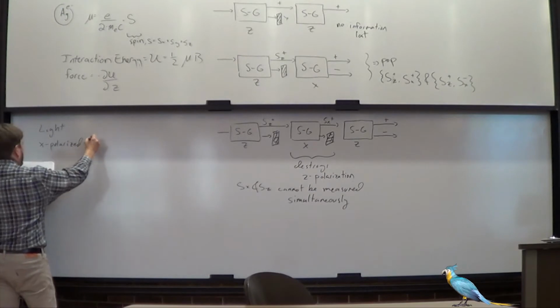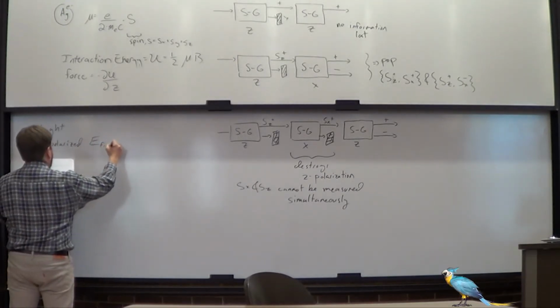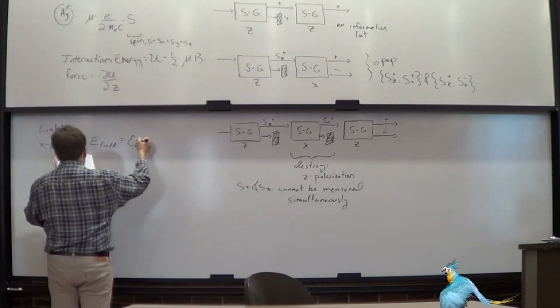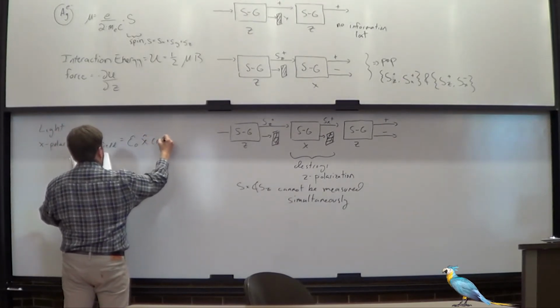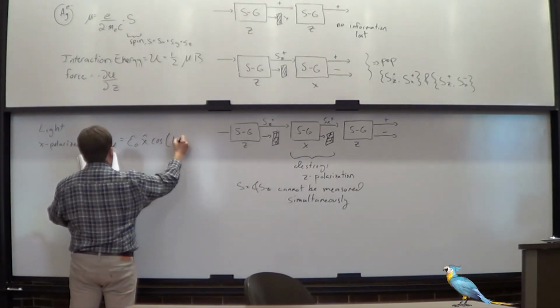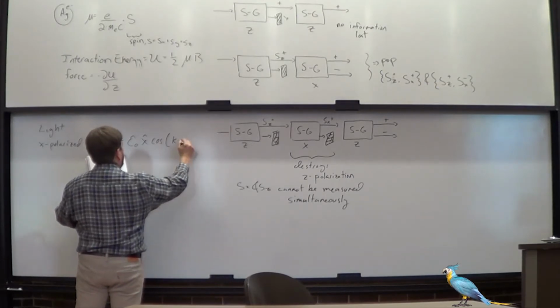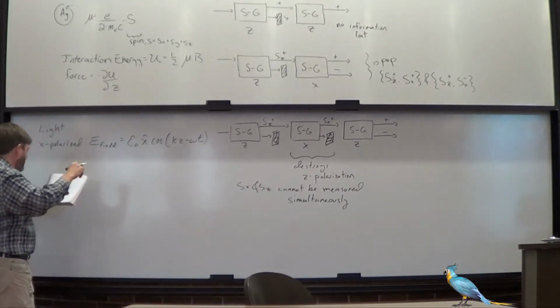Okay, again, you hopefully learned this as an undergrad, that the electric field is going to have some strength. It's in the X direction, and it's of course a wave. You've got to let it vary in place and time. It's got to vary in both place and time.